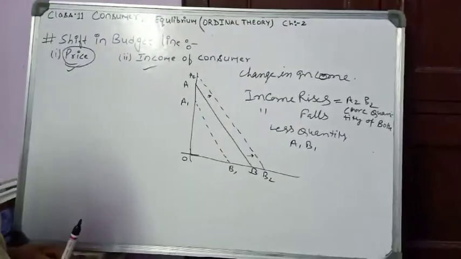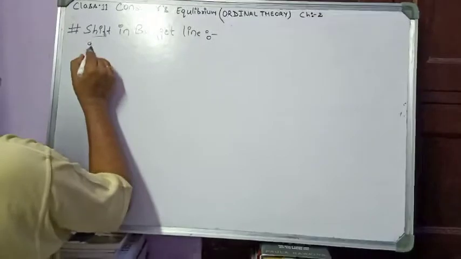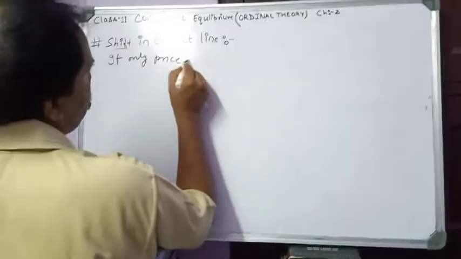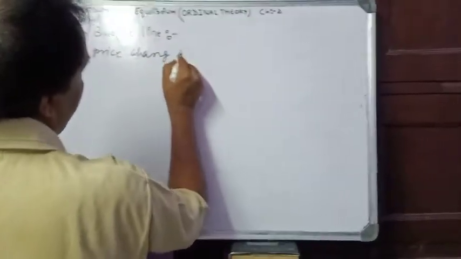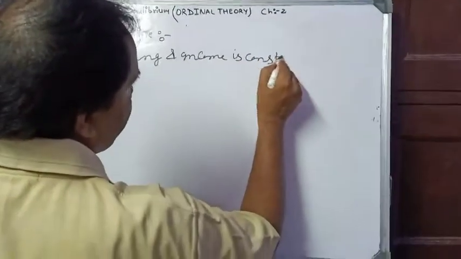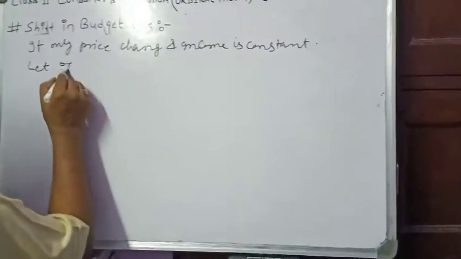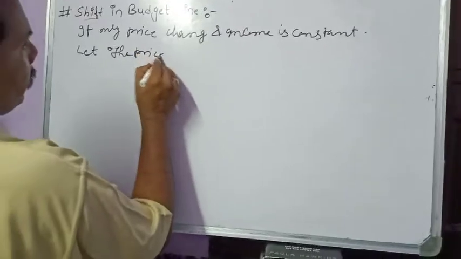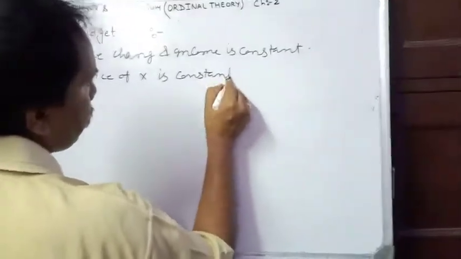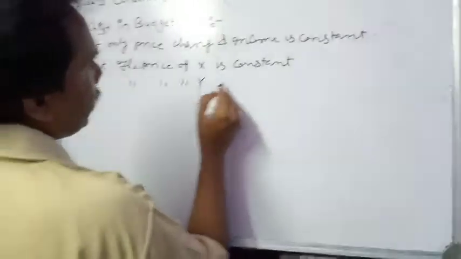Okay? Come. Here is the heading: shift in budget line. If only price changes and income is constant, let the price of X be constant and the price of Y changes.